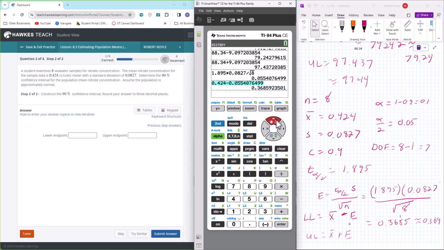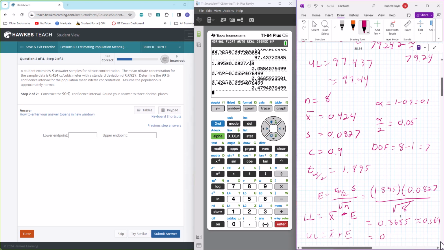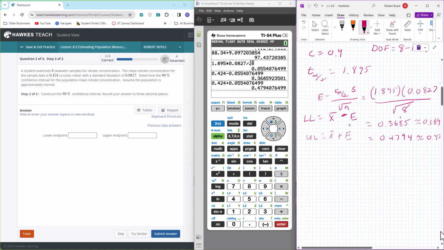We can highlight this, change the minus to a plus, and we will get 0.4794, which will round to 0.47. Whoa, what happened there?